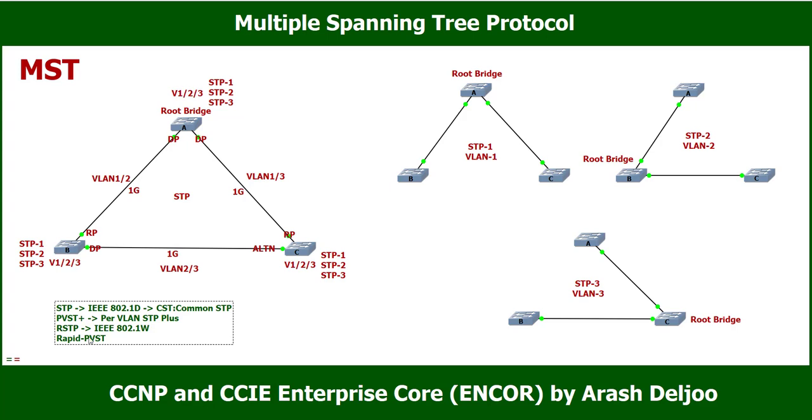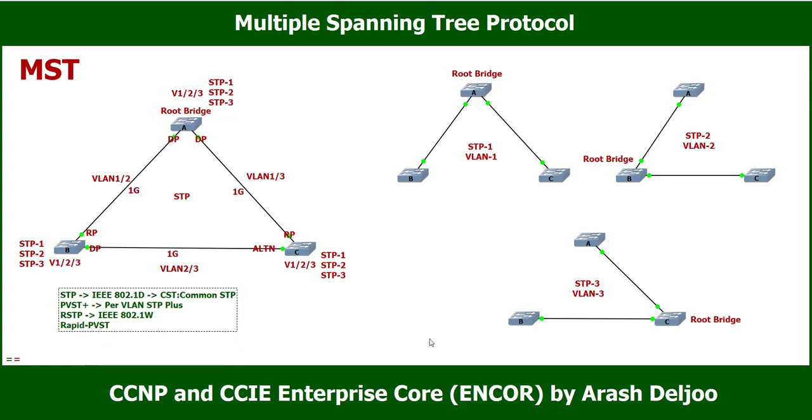Actually, we know that Rapid PVST, like PVST Plus, is trying to use the links more efficiently. Now we have more speed. Actually, Rapid PVST is the same as PVST Plus, and the difference is related to the convergence speed only. That's it.